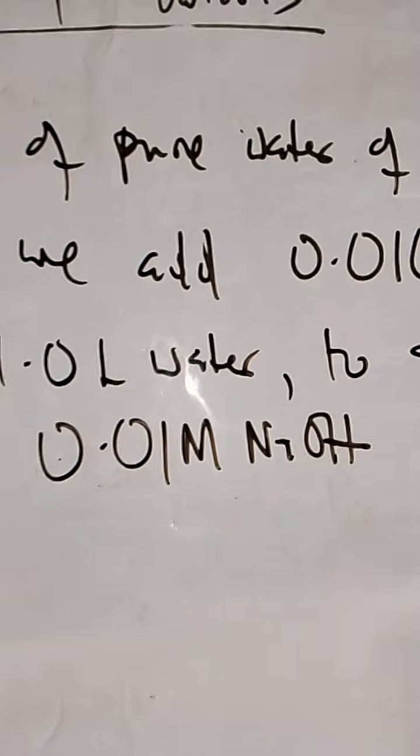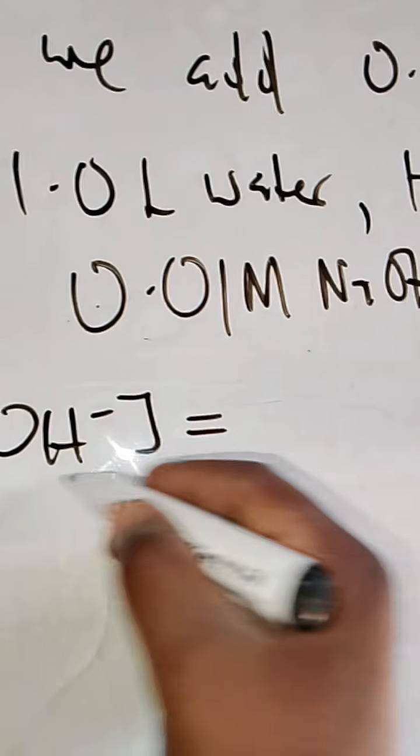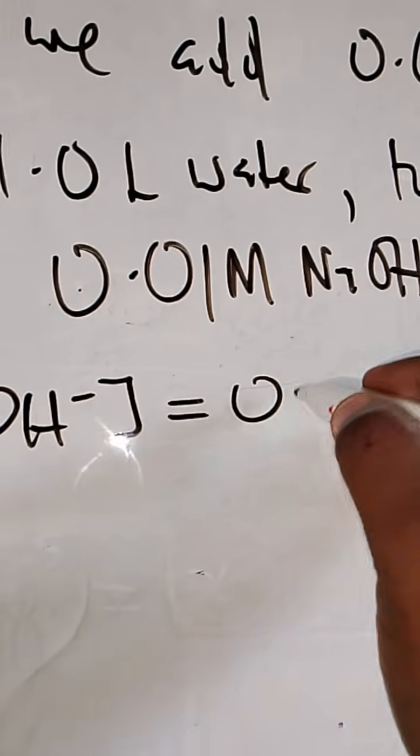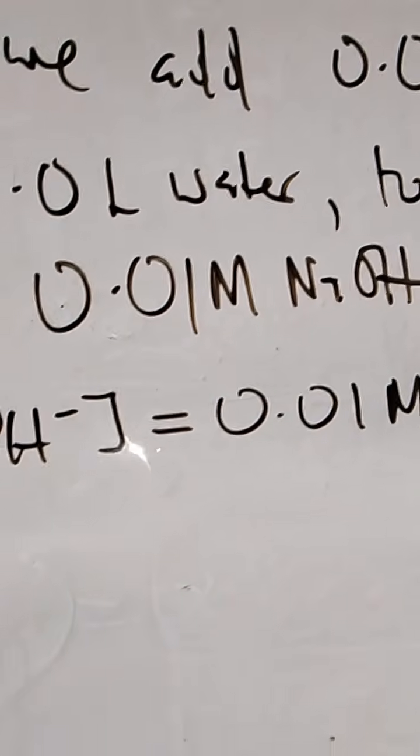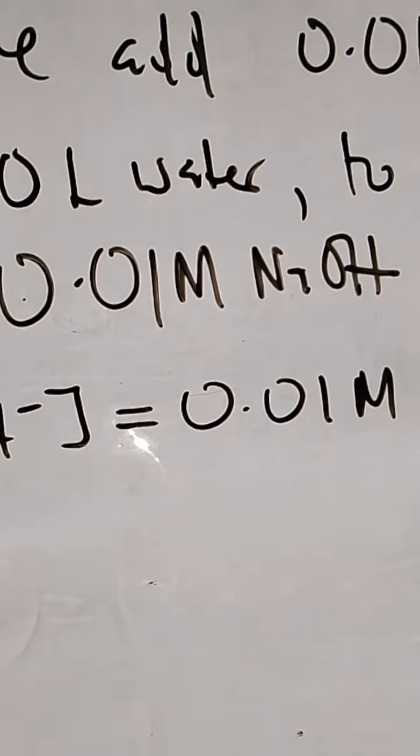Okay, since sodium hydroxide is a strong electrolyte, we know that the concentration of hydroxide ion is 0.01 molar.